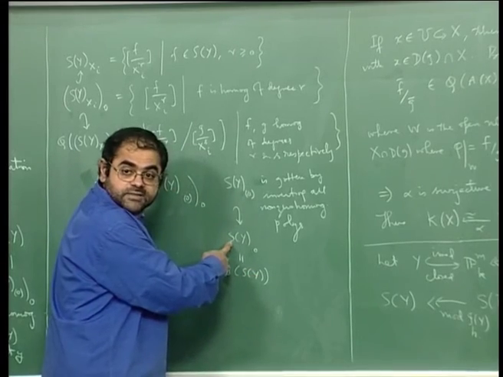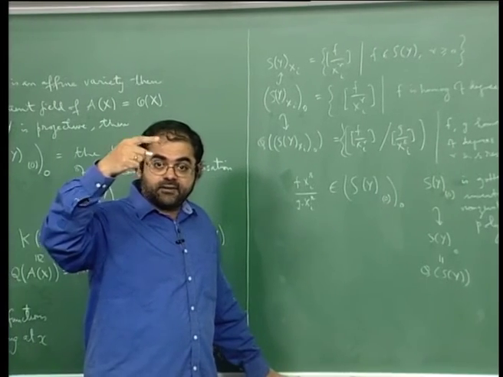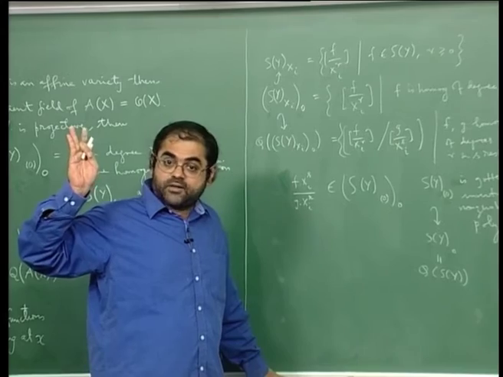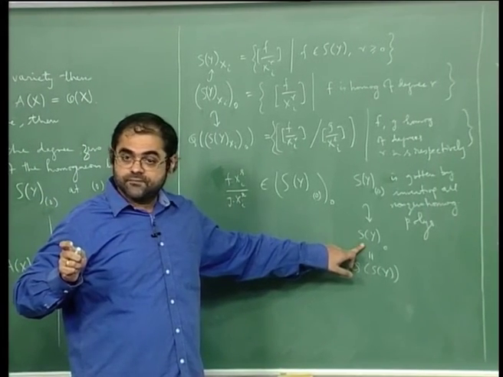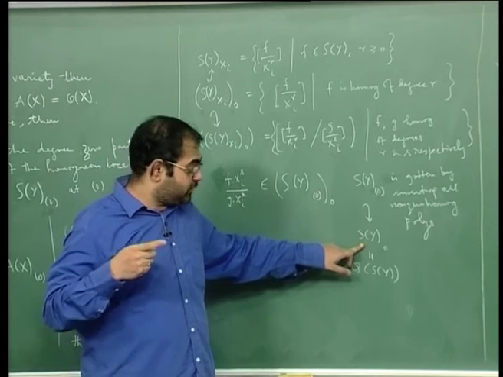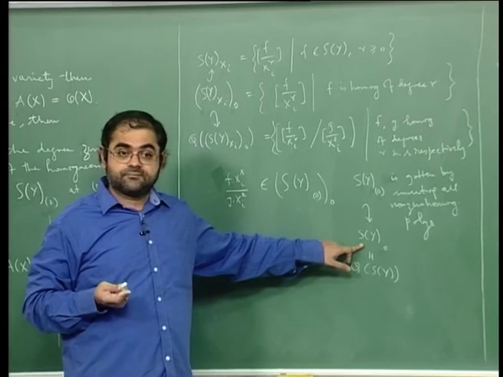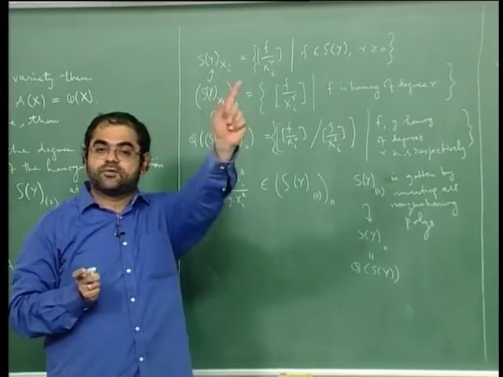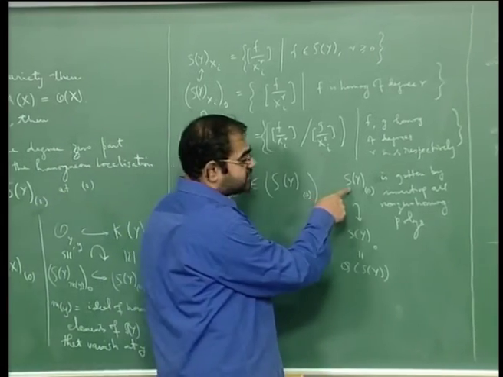This is very big, because it consists of quotients where in the denominator you can put any polynomial which is not 0. In fact, you are inverting even non-homogeneous polynomials, but this one is smaller: you are inverting only those homogeneous polynomials which are non-zero.